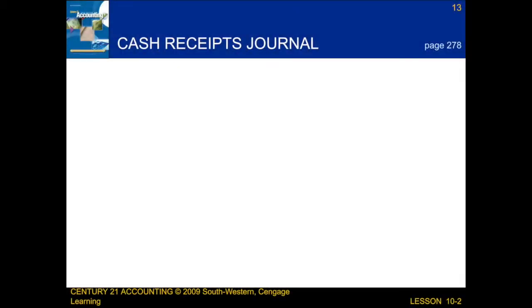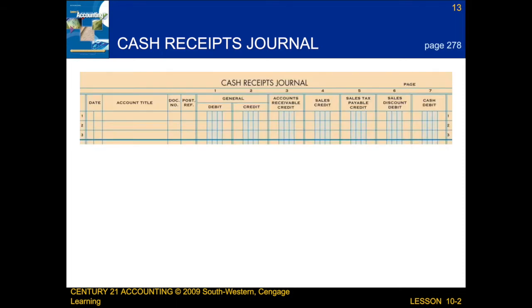Okay, next we're going to be talking about a cash receipts journal. So what we're essentially looking at here is a cash receipts journal. This is where we'll put the page number. This is where we'll put the date. This is where we'll put the account title. This is where we'll put the document number.